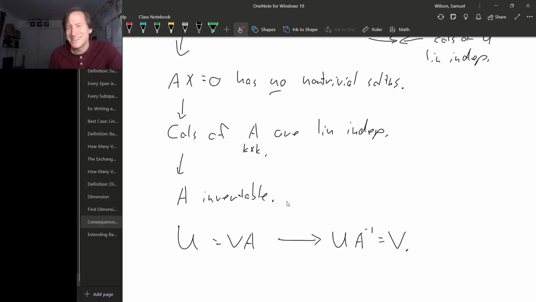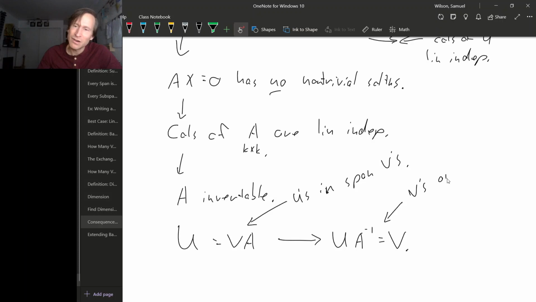Right? But this equation that we started with was because all the u's are in the span of the v's. By exactly the same token, this equation on the right tells us that all the v's are in the span of the u's.